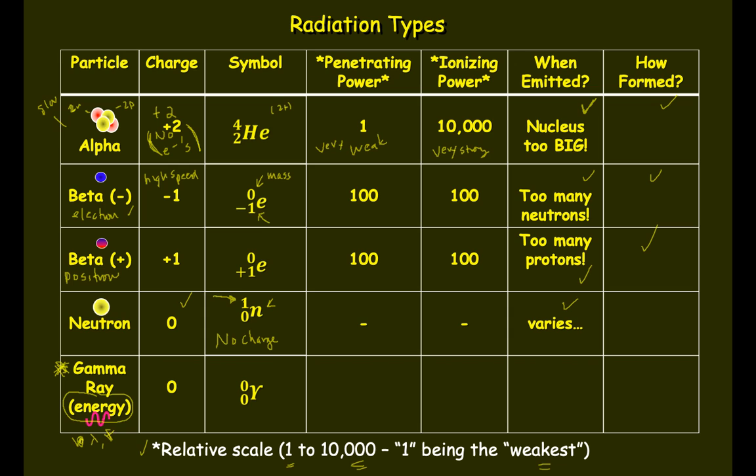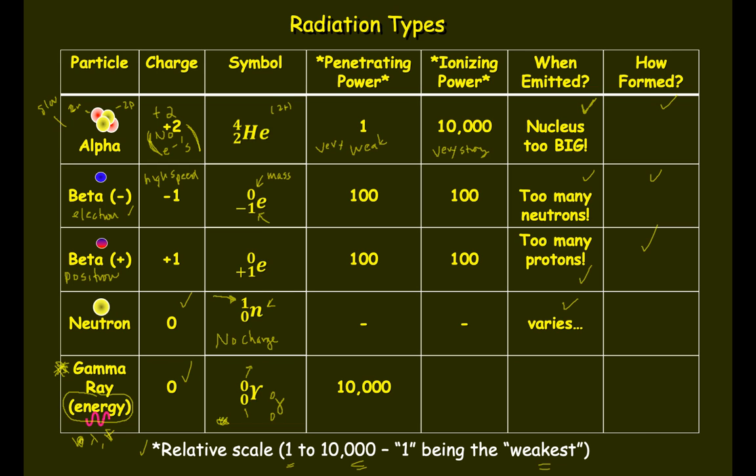It's got no charge. We use the Greek letter gamma, which you can draw as a little infinity symbol on its side. So it's actually a y with a little loop. It's kind of cute. It's got no mass at the top and no charge, so it would have this double zero kind of thing.